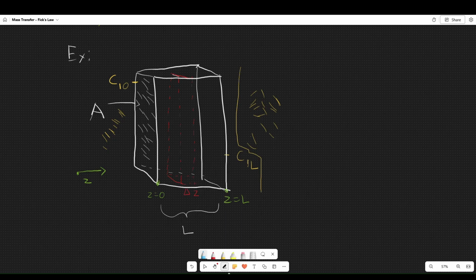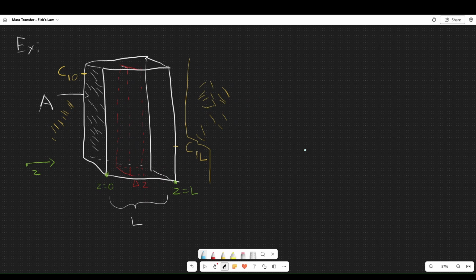The relevant equation for any kind of transport is always accumulation, and that's equivalent to whatever comes in minus whatever goes out plus whatever is generated minus whatever is consumed. And so what we want to do is now convert that into relevant words for this problem.